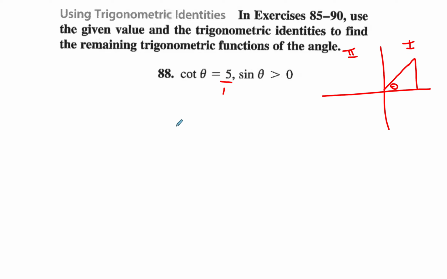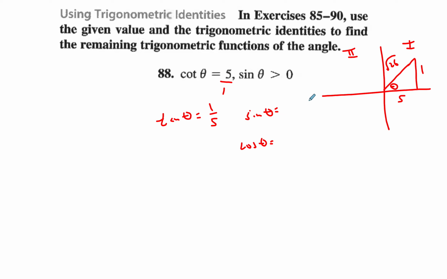Cotangent is the reciprocal of tangent, so we know that the tangent of theta is going to be 1/5, if that helps, which makes the opposite 1 and the adjacent 5, and that makes the hypotenuse the square root of 26, okay? So now we've got the sine and the cosine.